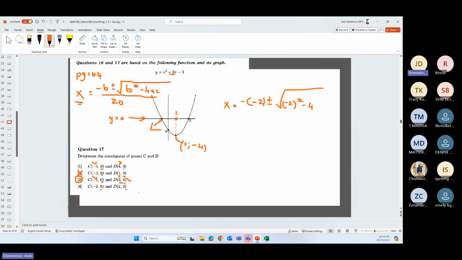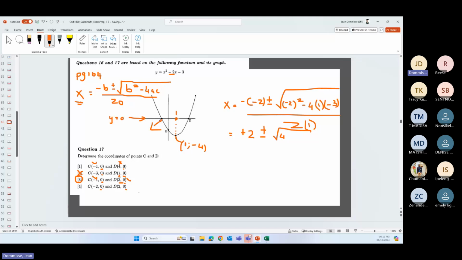Minus 4, a is 1, c is minus 3. And then we're going to divide that by 2 times a, which is 2 times 1. Okay, so let's simplify a bit. Minus times a minus is a positive, so we've got plus 2. Then we have plus or minus, and let's see in the brackets, minus 2 times minus 2 is positive 4.